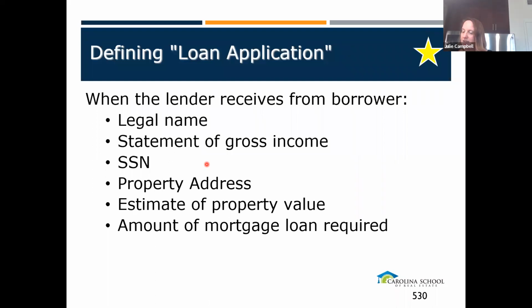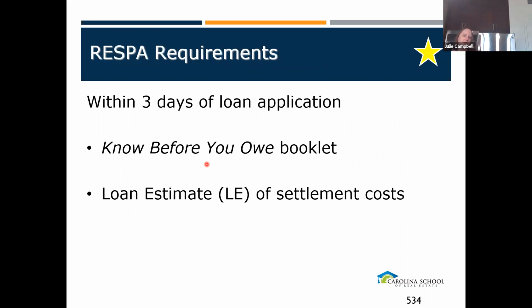RESPA, once again, is a lender law, which means the lenders have to follow certain rules, and TRID, and TILA, RESPA. It's all a lender law. And some of the regulations that RESPA puts on the lender today: within 3 days of loan application, within 3 days of receiving those 6 pieces of information, RESPA requires the lender to provide the borrower with a Know Before You Owe booklet.